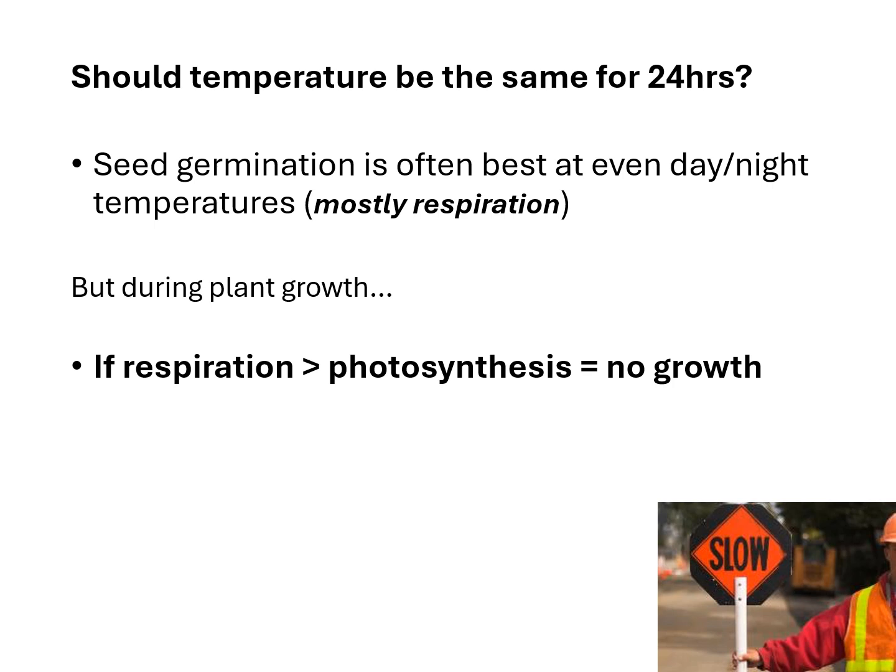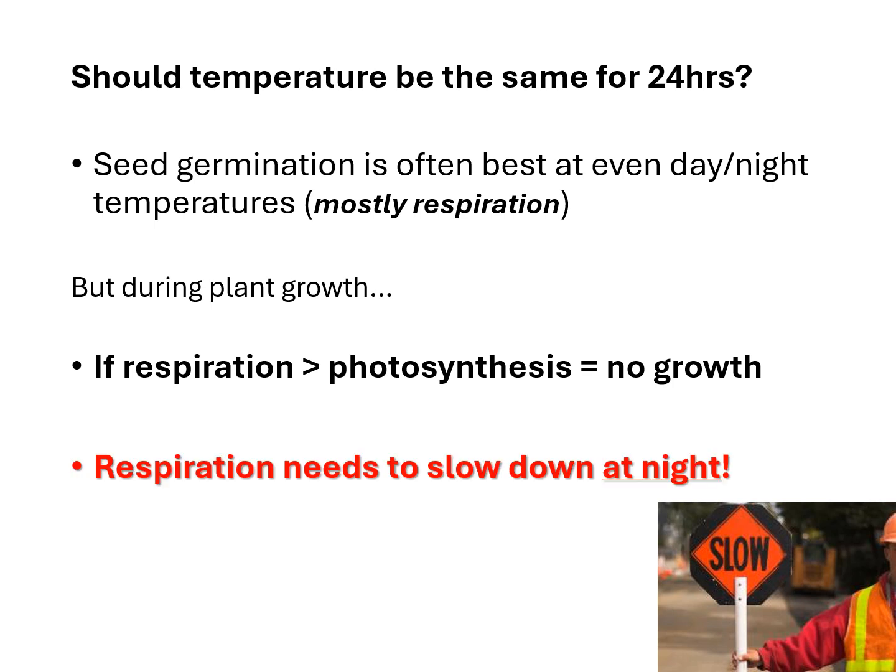So if your photosynthesis is not able to produce more sugars than the baseline to maintain plant physiological activity, it's hard for the plant to build new structures. So we want to slow respiration at night. Now keep in mind, respiration happens 24 hours a day, photosynthesis only during the day. So we can't change the rate too much during the day because we want to make sure photosynthesis is optimal, but at night we typically have a cooler temperature so that respiration can settle down and not burn through our reserves.